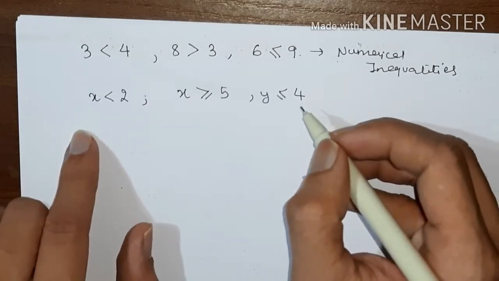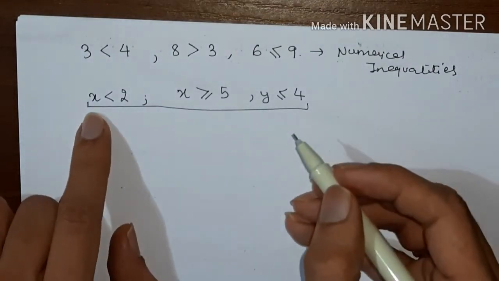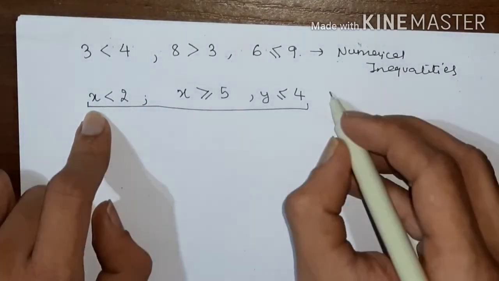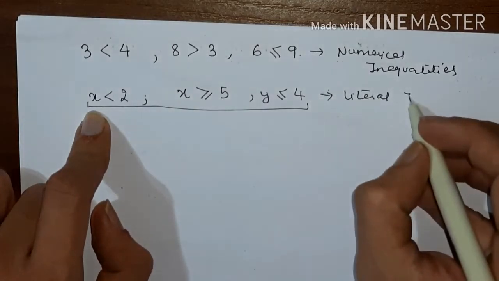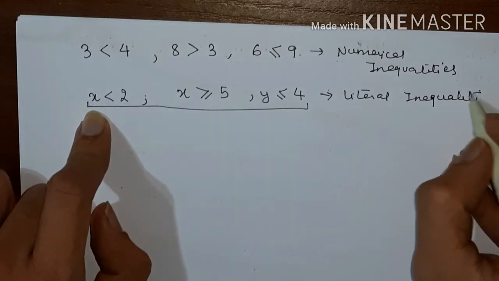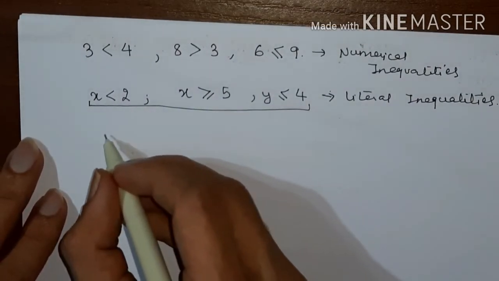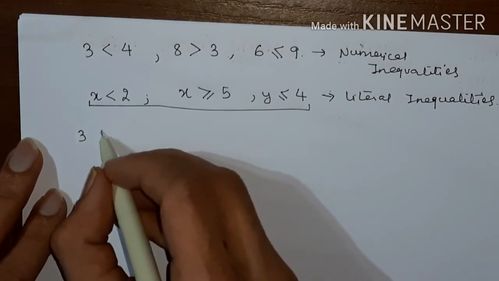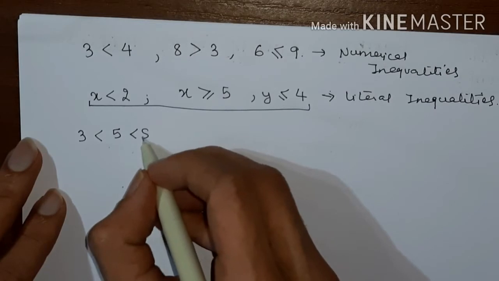Here you can see that you have algebraic expressions in the inequality. These are known as literal inequalities. Now suppose you have inequalities of this type: 3 is less than 5, which is less than 8.